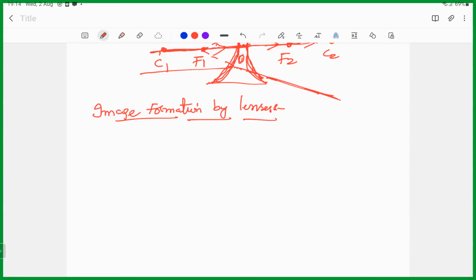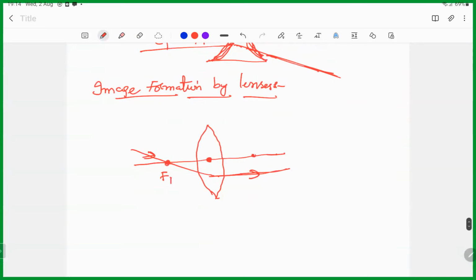So if the ray is passing through the focal point, then it will be parallel to the principal axis. Okay. So this is F1, this is F.